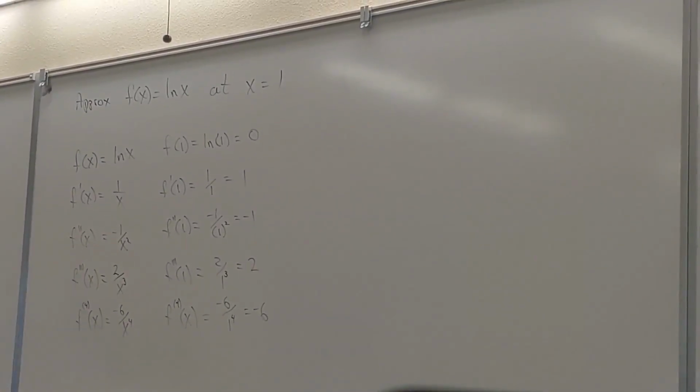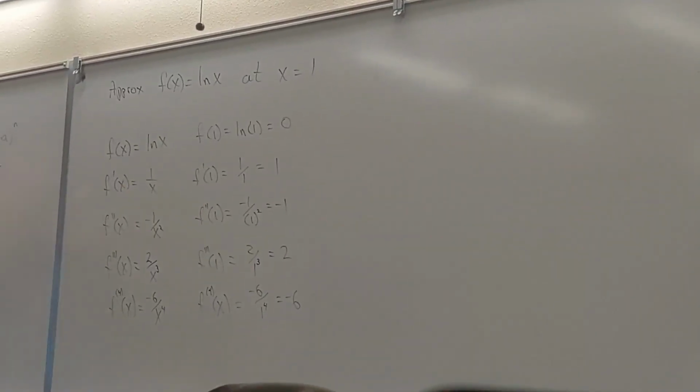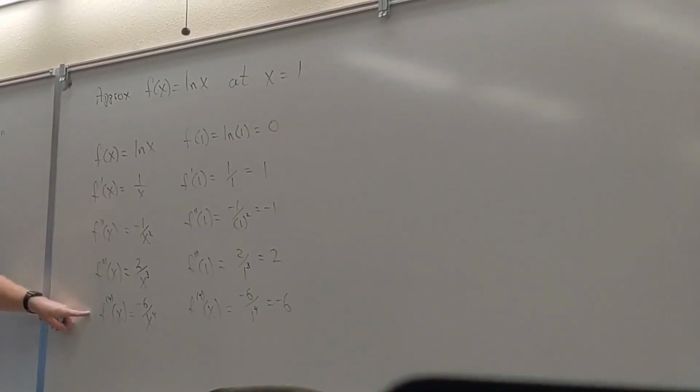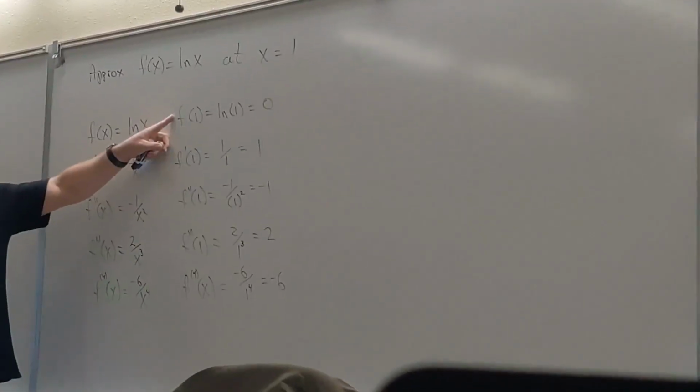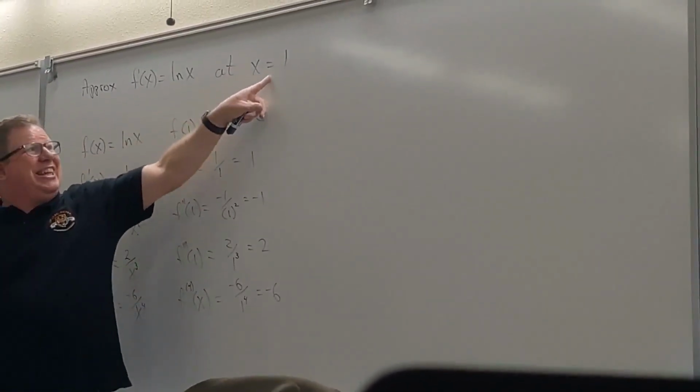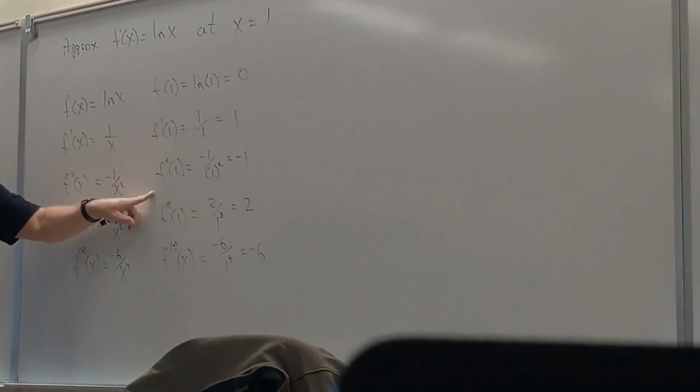So make those two lists: the original function with the derivatives below it, and the original function evaluated at the given value with all the derivatives evaluated at the given value below it.